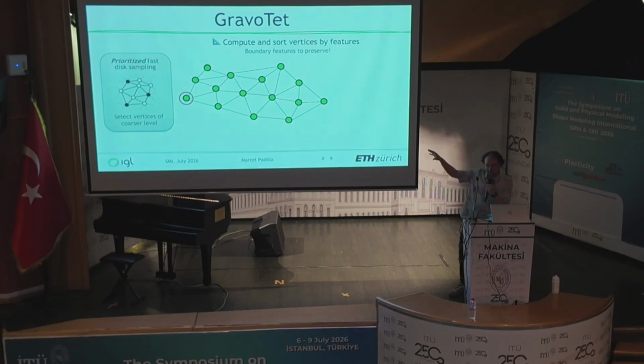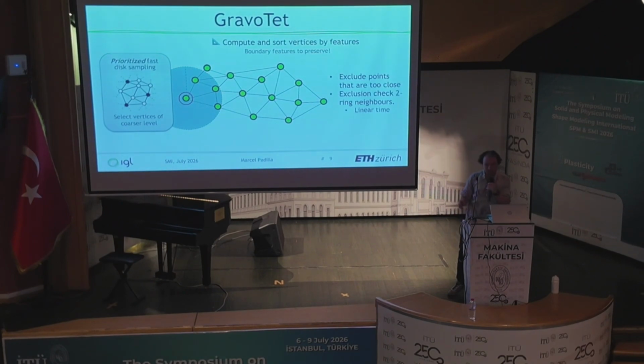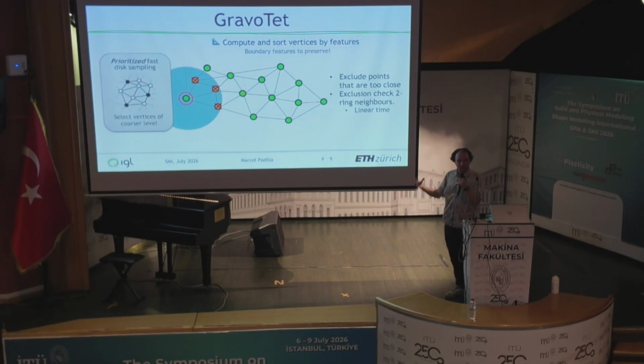The basic method of the fast disk sampling is: take a vertex, build a radius, and instead of querying for the nearest points, we simply look at the neighbors in a 2-ring at max. And if a vertex is too close, we say, no, remove you, go away. These red marked crossed out vertices will not be part of the next coarse level. Then we take the next vertex, we look at the radius, we start removing more vertices.